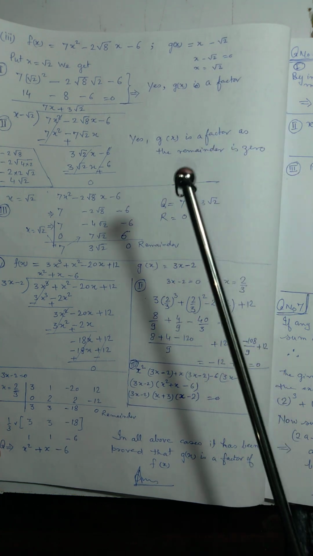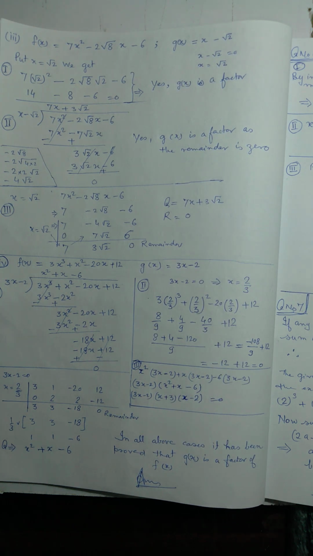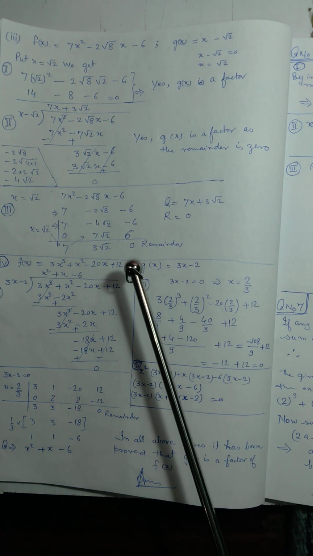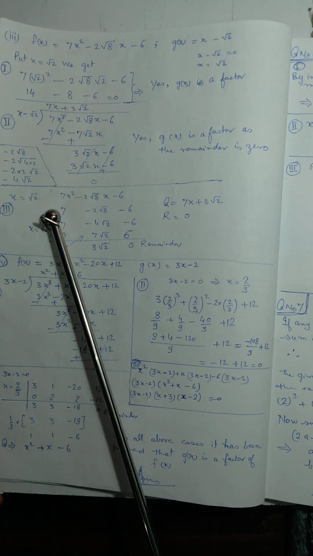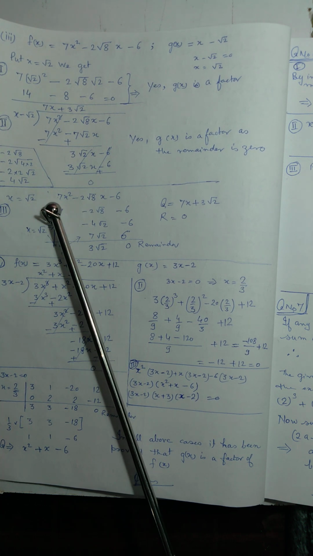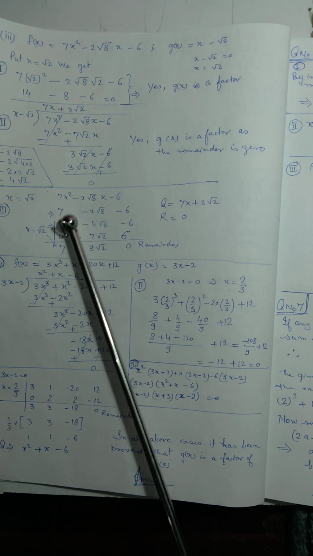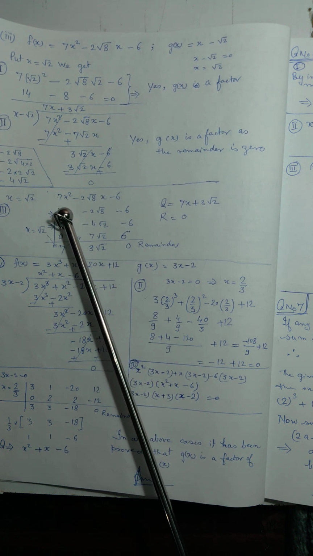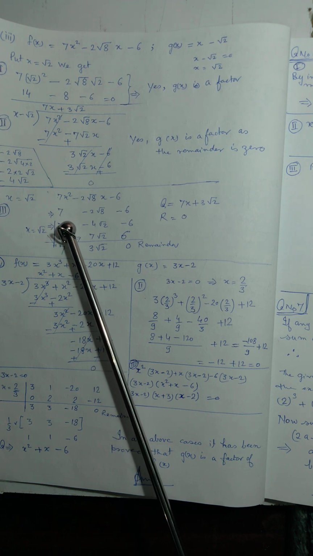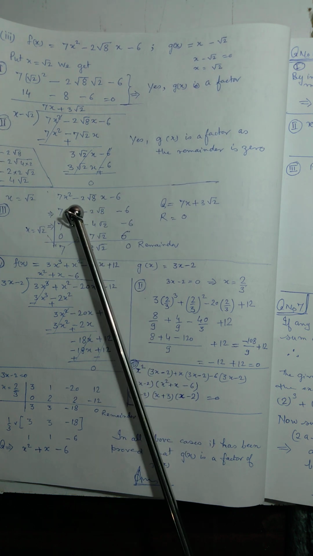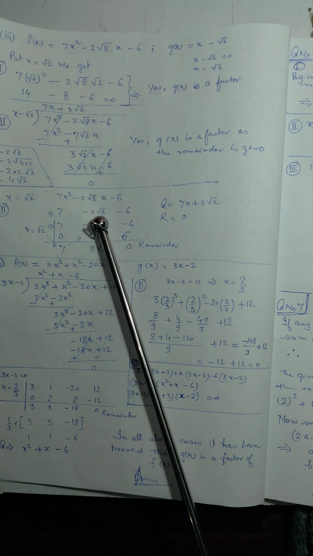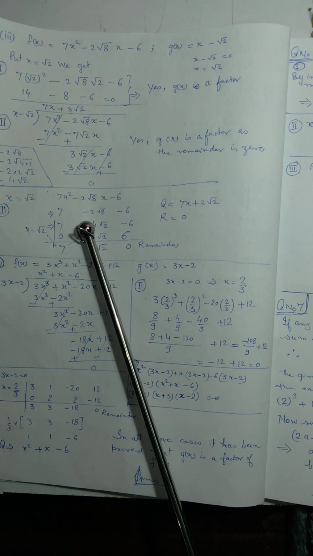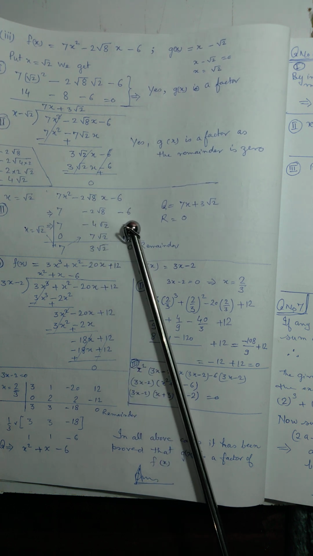The third method I have also described here again. You see, x is equal to root 2. Now, I have written the coefficients. First of all, the 7, minus 2 root 8, so I have written minus 2 root 8, minus 6.